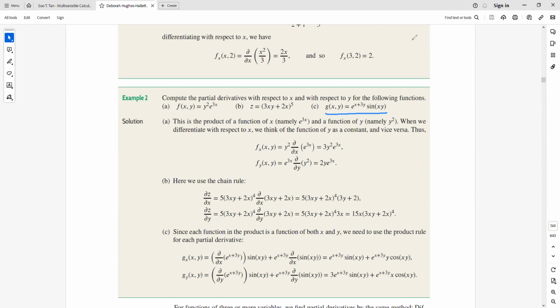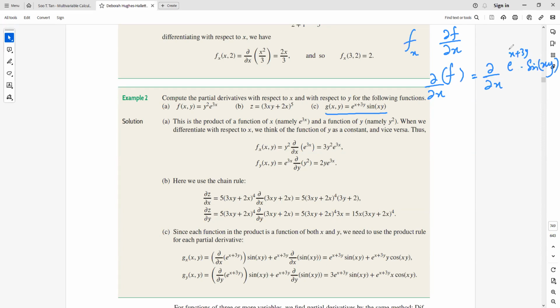If we are interested only in finding fx, that is the partial of f with respect to x, what we need to do here is apply partials on both sides. So partial with respect to x on both sides, that is e power x plus 3y times sine xy.